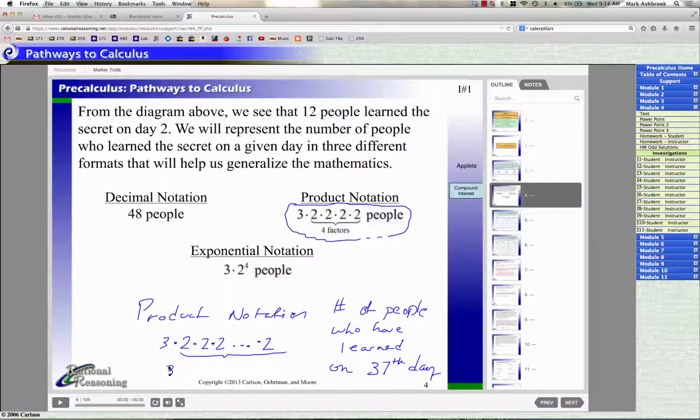And that's product notation. Because for as many days as have gone by, that's the number of times that you've doubled. So we're getting close to probably maybe the world's population here. Or more.